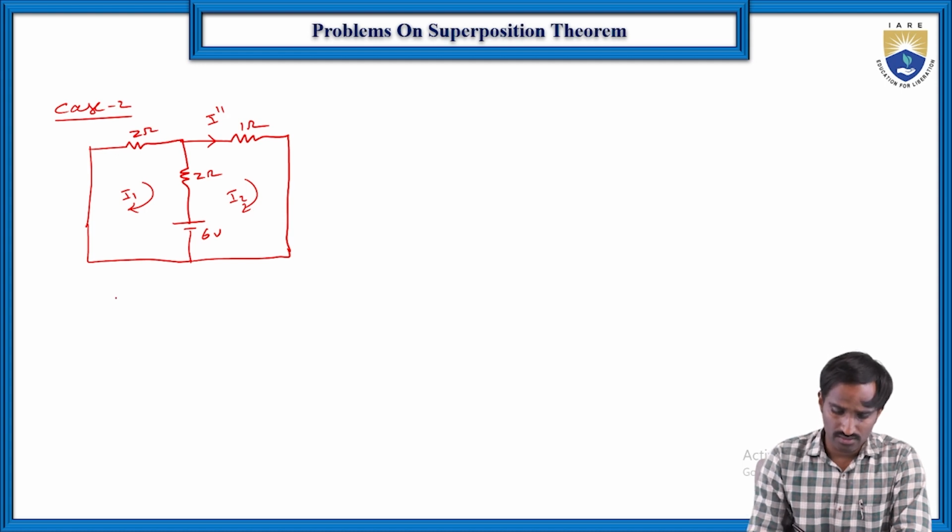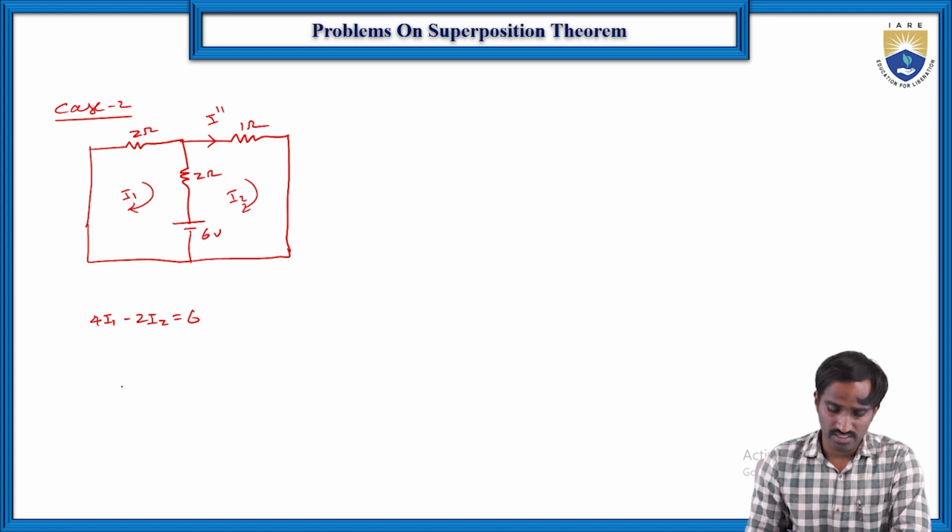The same thing here also, 2 plus 2 is 4. Okay, 4 into I1 minus 2I2 which is equal to 6. Okay, and in the second case, again only I2 here, yeah, minus 2I1 plus 2 plus 1 is 3I2, which is equal to 6.